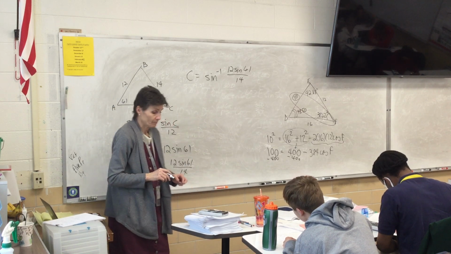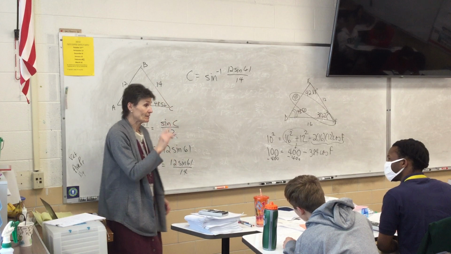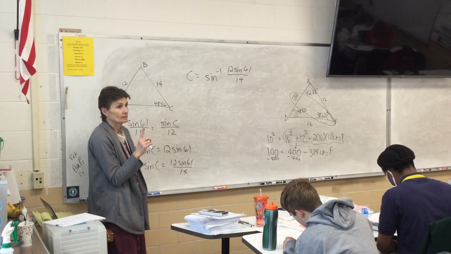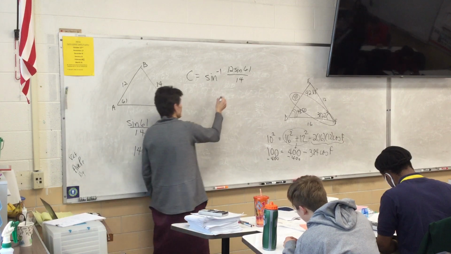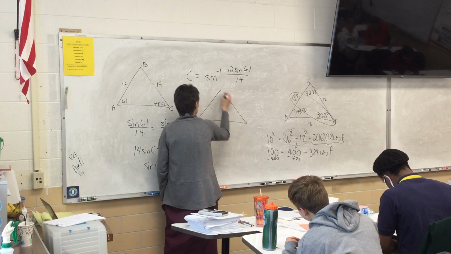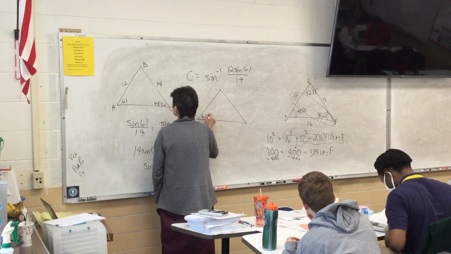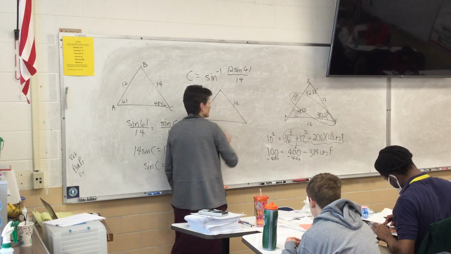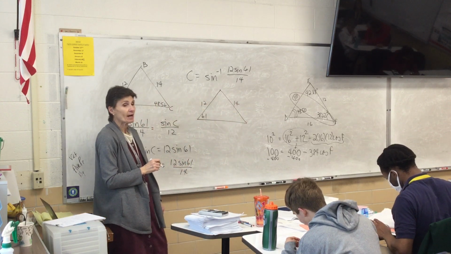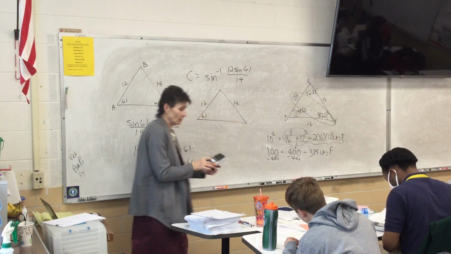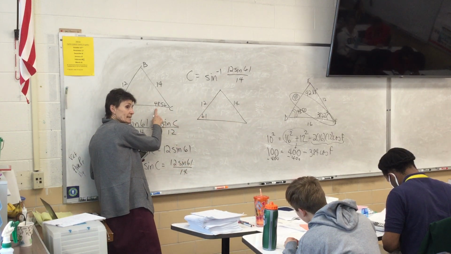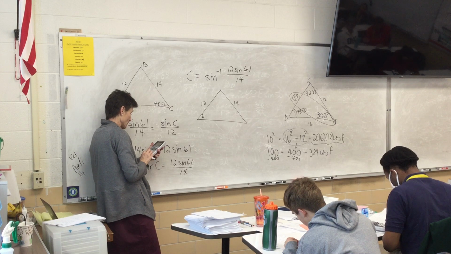What does that tell me? You have one triangle. Well, I have at least one triangle, right? At least one. So now I have to check and see if the other one works. If the other one works, its angle will be 180 minus this one.